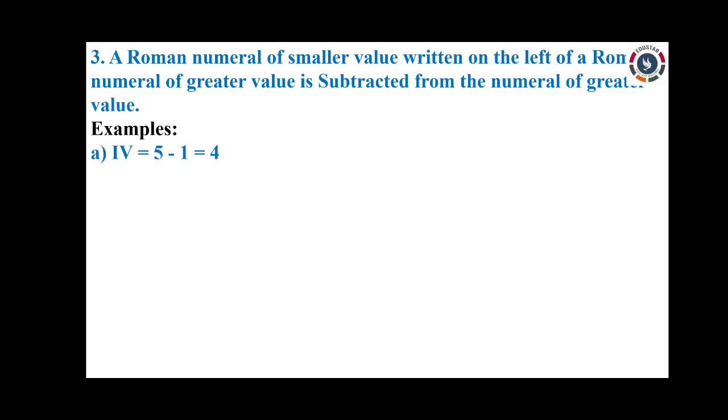Compared to I and V, I is smaller value. It comes left side of the greater value. So, V minus I. Value of V is 5. Value of I is 1. So, 5 minus 1, which is equal to 4.